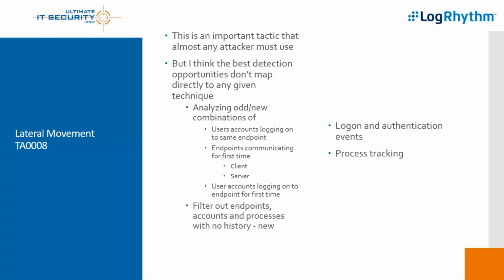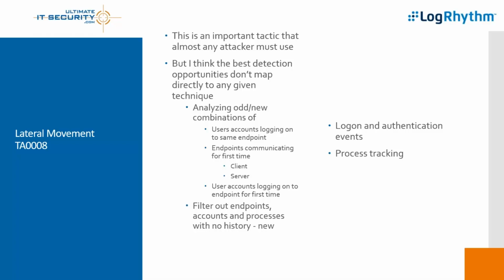Well, when a new laptop that's just been stood up comes up, there's going to be all kinds of systems that it communicates with for the first time, and those are false positives. When a new employee is hired, everything they do is new to begin with. So a new workstation, a new endpoint popping up, that may be interesting in itself, but it doesn't indicate lateral movement. Lateral movement is recognizable potentially when we investigate new combinations between old entities.